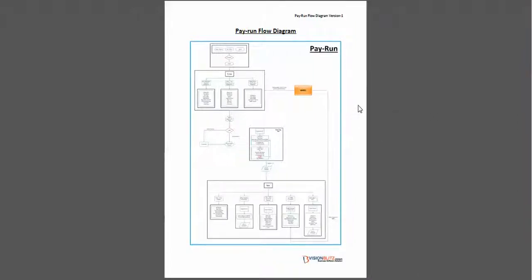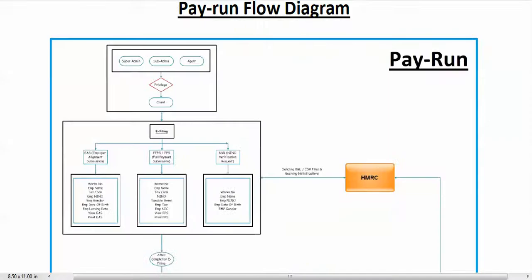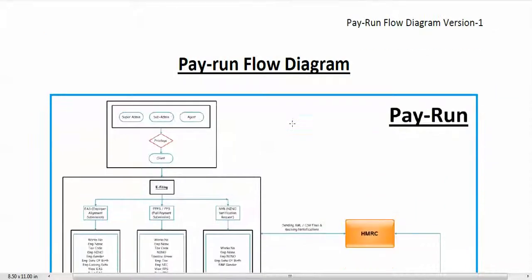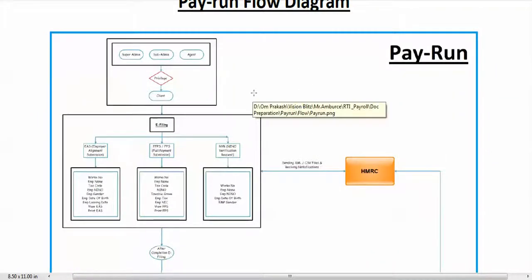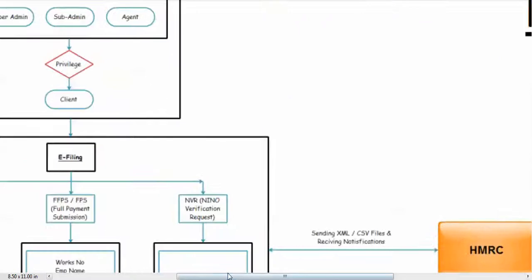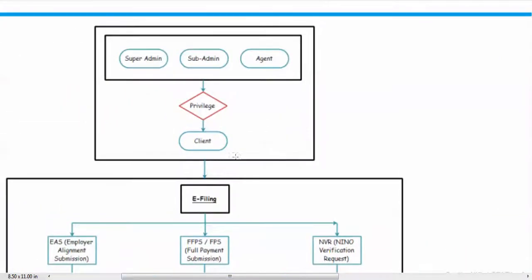So I'm going to zoom in. First of all, we need to know who the people are who are going to be involved in the parent process. As we know before, the people who are going to be involved in the parent process are super admin, sub admin, and agents.